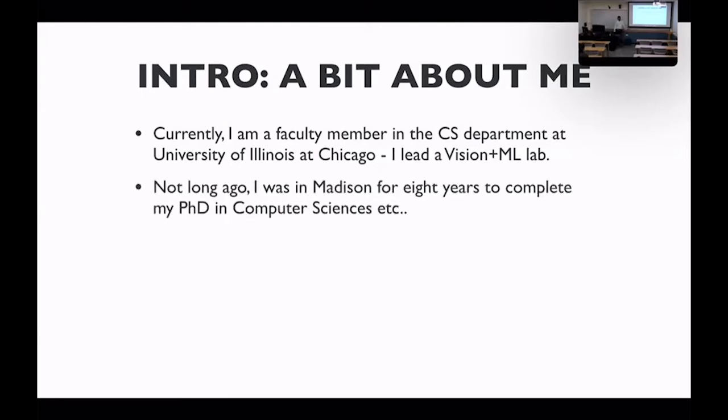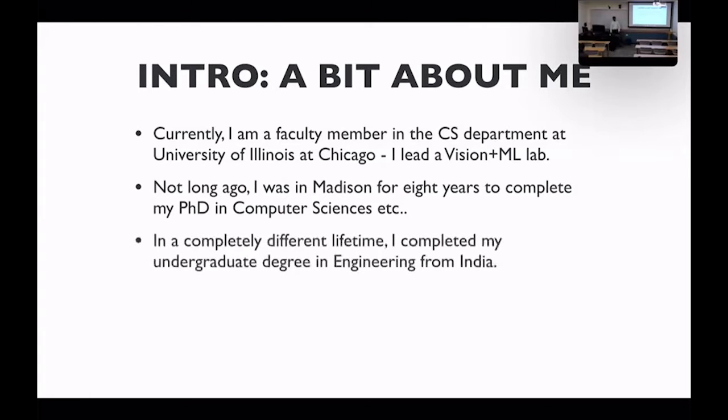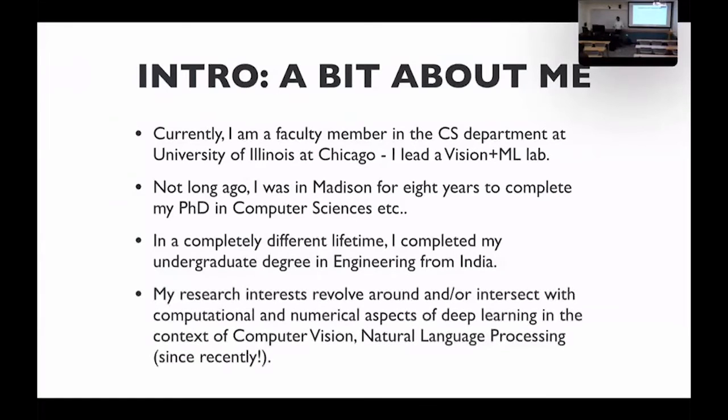Before that, I was a PhD student in Madison. I finished my computer science PhD there, and even before that, I was in India, in the southern part of India. So my background is spread out a little bit, with my research interests revolving around computational and numerical aspects of deep learning.